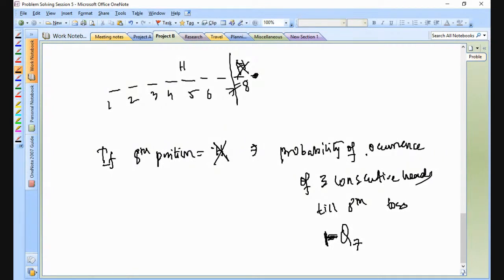Similarly, we will condition on the previous step, on what has happened at the 8th position, and then do it accordingly. So let's try it out.